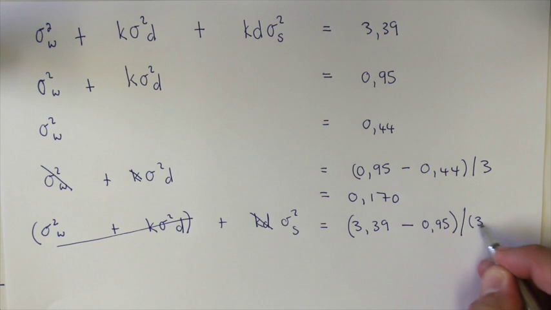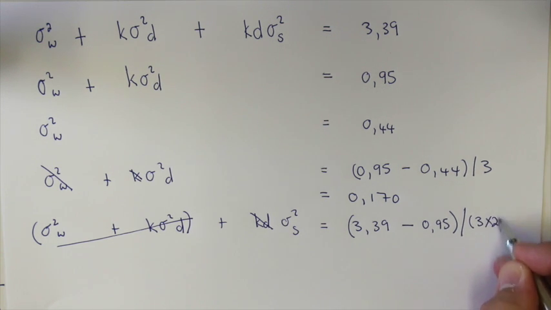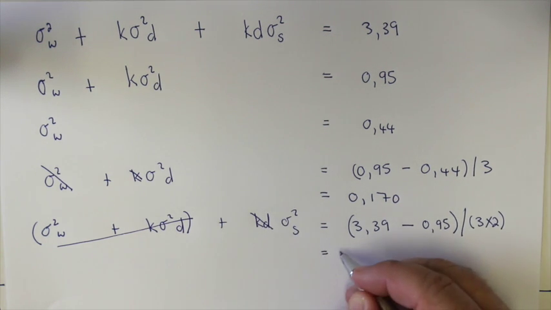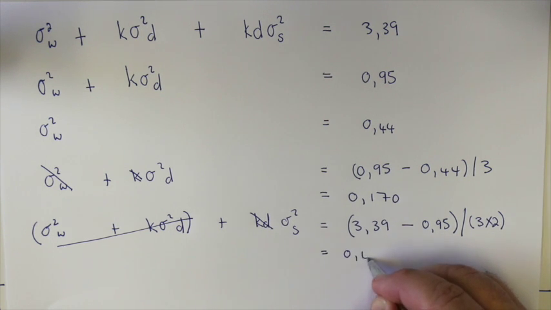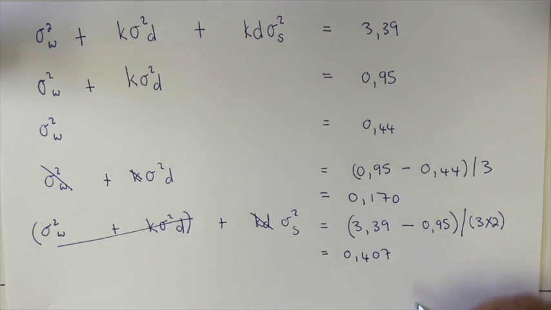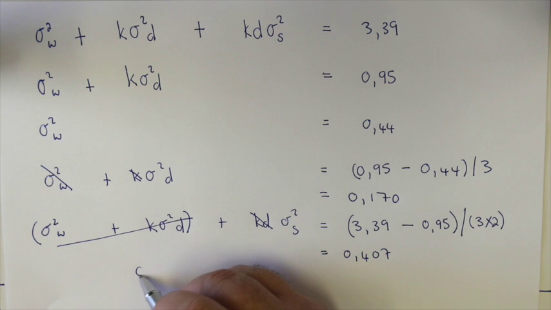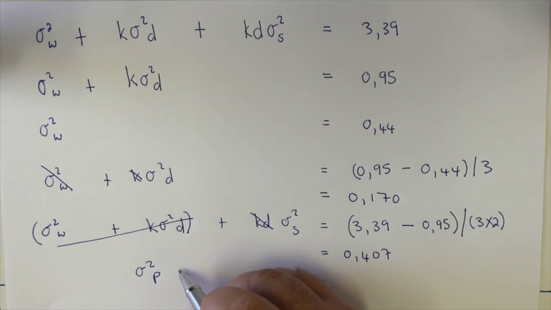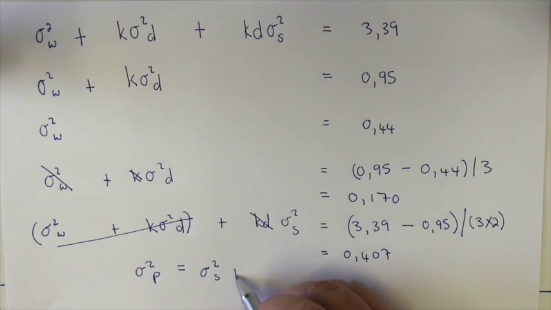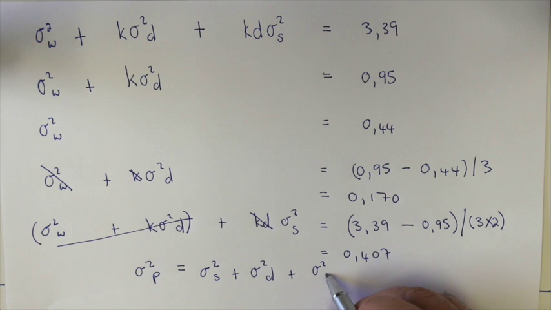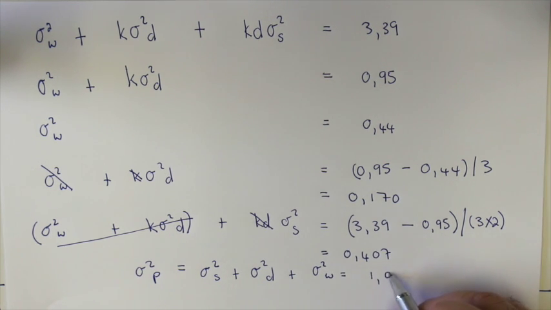K is 3, dams per sire is 2. That gives us a value of 0.407. So sigma squared p equals sigma squared s plus sigma squared d plus sigma squared w. That gives us a total value of 1.017. And there you have it.